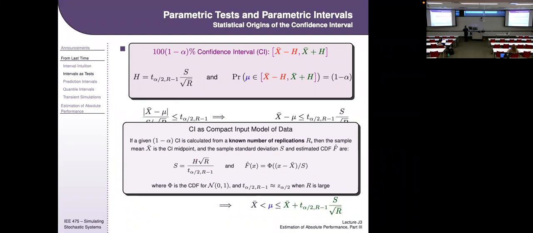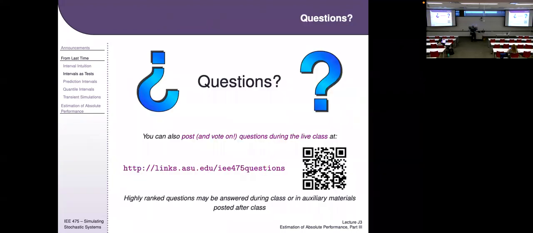So that's pretty nice too. So all sorts of reasons why confidence intervals are really useful to present and really compact ways to give a sort of rich characterization of data.